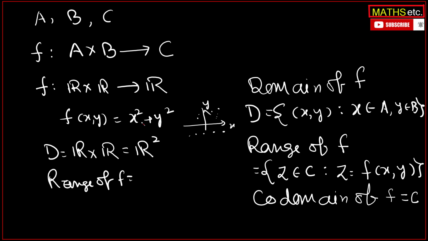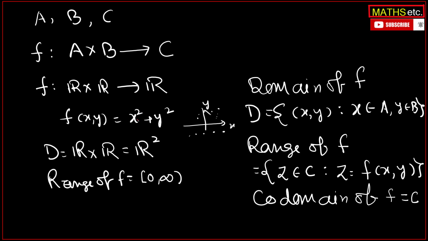We can see here that whatever the values of the x and y variables, x squared will always be a non-negative number, y squared will always be a non-negative number, and this range is one dimensional. So the range will be, in this case, the interval 0 to infinity. That includes the number 0 also.